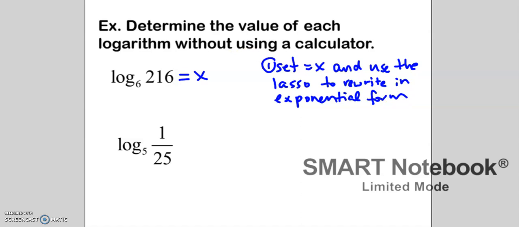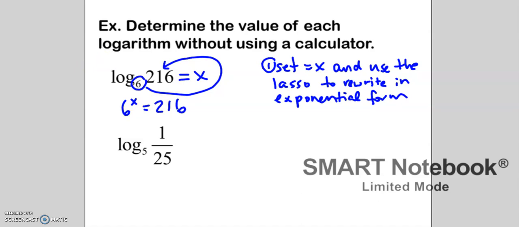All right, so we're going to go ahead and do that now. When you're rewriting with the lasso, you start at the base, which is 6 here. You loop around and end where you started. So we rewrite it as 6 to the x equals 216.